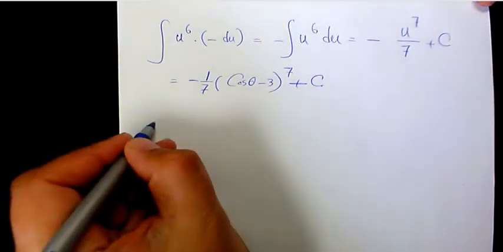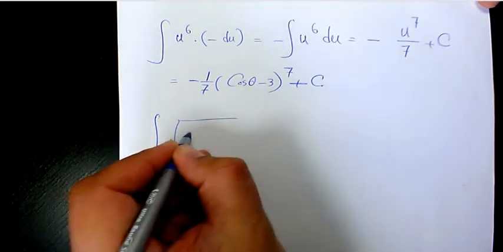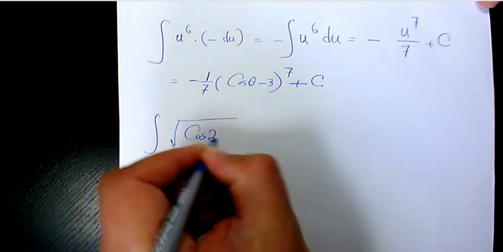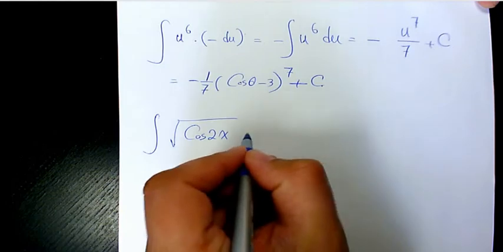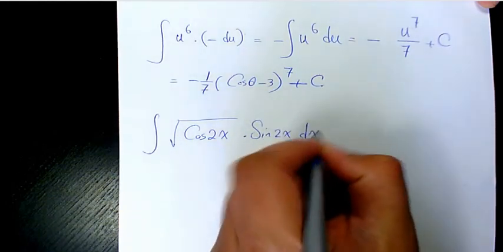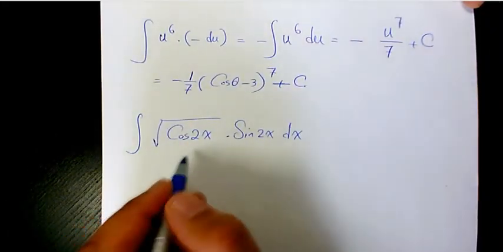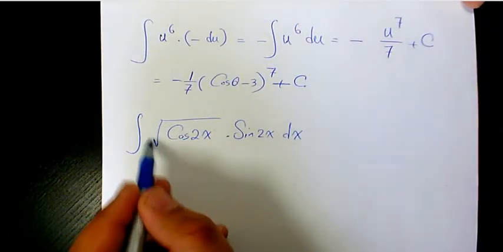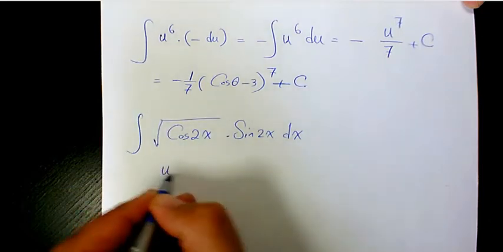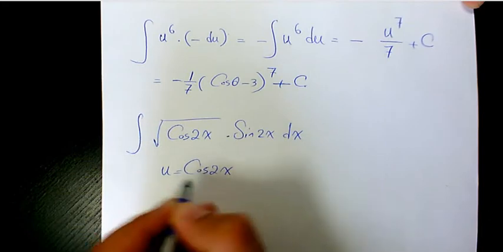Next example. Integral of square root of cosine 2x times sine 2x dx. In this case, since this part is under square root, it's better to consider cosine 2x as u.